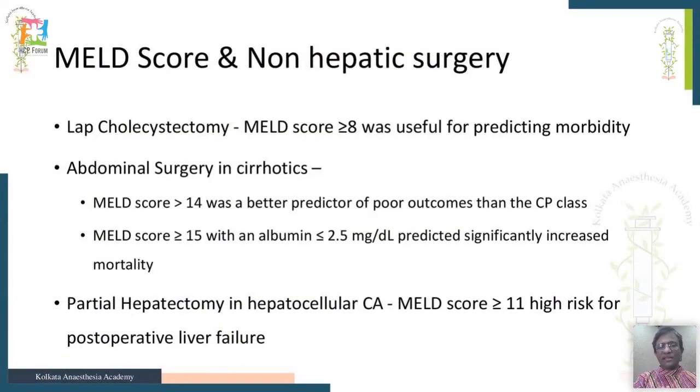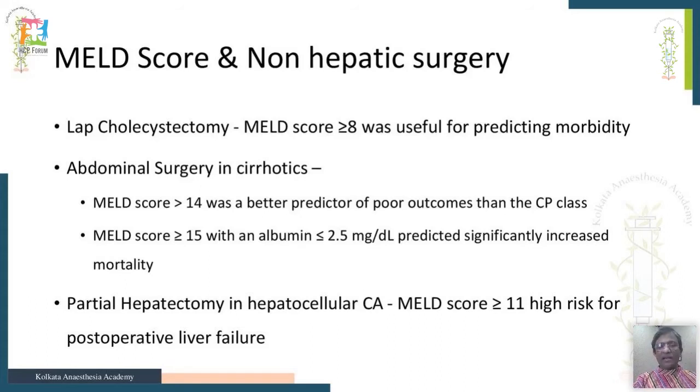Even for laparoscopic cholecystectomy, what has been seen is that a MELD score of greater than 8 was useful for predicting morbidity. For abdominal surgery in cirrhotics, a MELD score of greater than 14 was a predictor of poor outcomes, and it was better than the Child scores. A MELD score of greater than 15 with an albumin of less than 2.5 predicted significantly increased mortality.